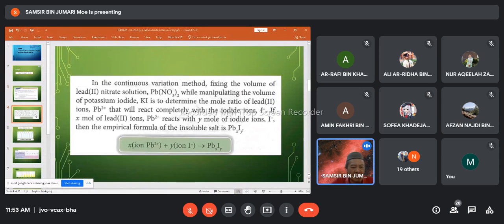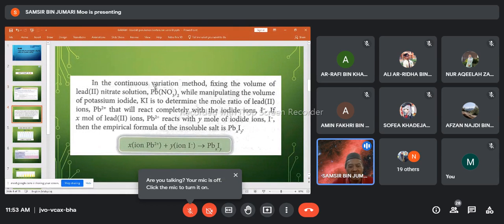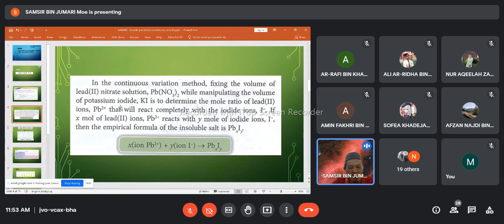In this continuous variation method, fixing the volume of the lead(II) nitrate solution while manipulating the volume of potassium iodide solution is to determine the mole ratio of lead(II) ions that will react completely with the iodide ions.